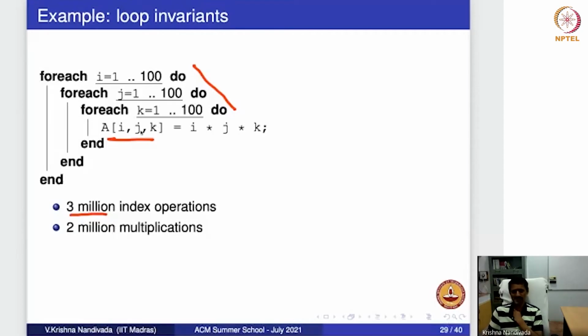Because A sub ijk is the same as: you do sub i, then sub j, then sub k. So this is 3 million index operations, 2 million multiplications. Are we fine so far?